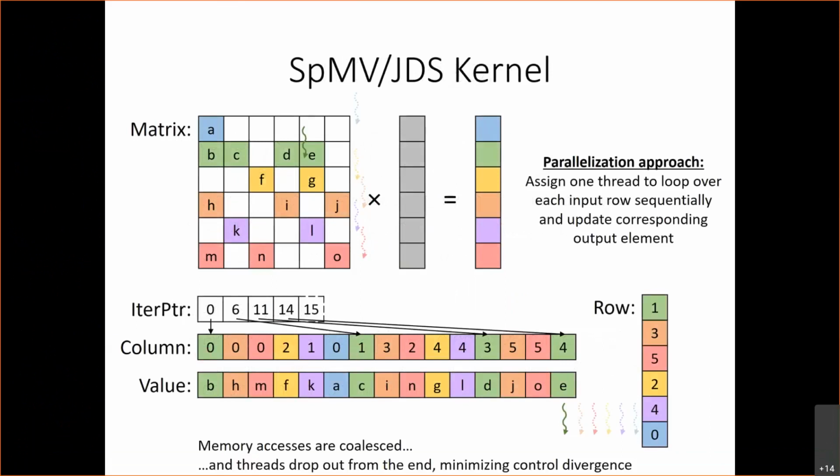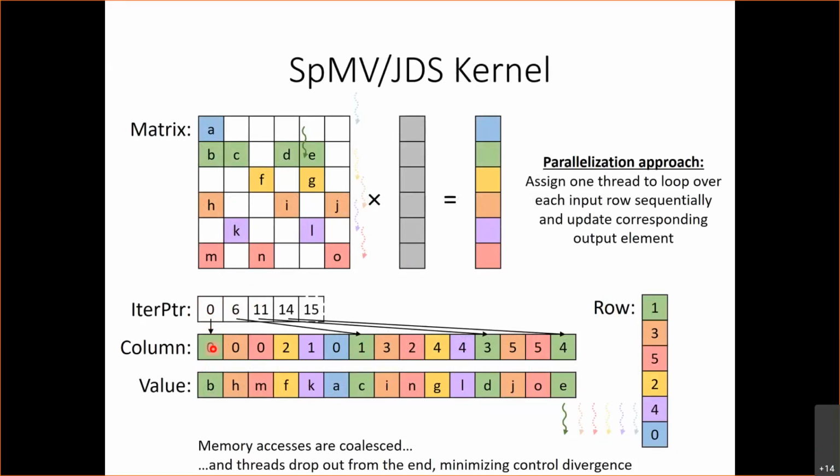If I want to go through row 0 in the sorting order, which is row 1 in the unsorted order, I would just go to the iteration pointer with an offset of 0.